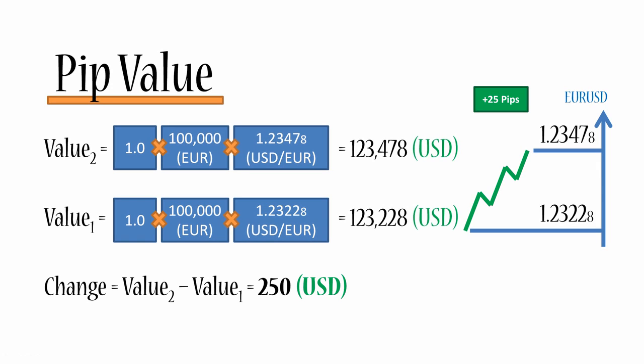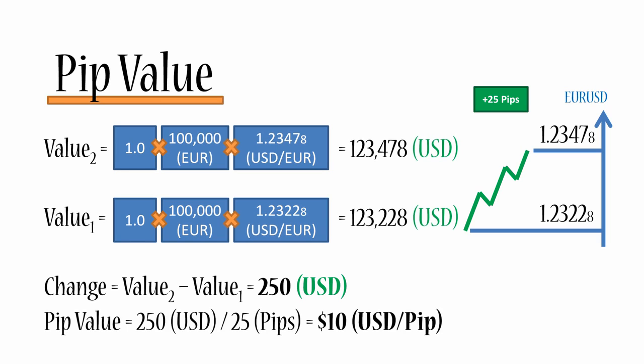The change in value is equal to value 2 minus value 1. And in this case, it's $250. And obviously, the pip value is going to be equal to the change in value divided by the change in pips. And in our case, it's $250 divided by 25 pips because, as you can recall, the price moved up by 25 pips. And that gives us a pip value of $10 per pip.